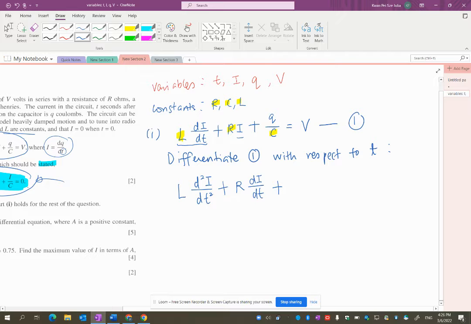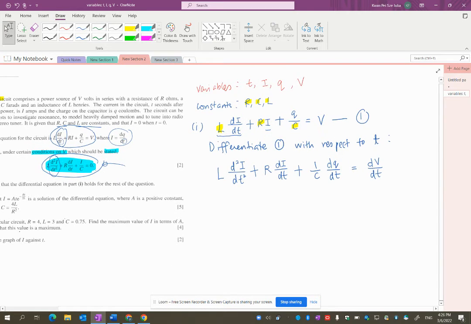And the third term here, Q is the variable. C is a constant also. So you can see it as like 1 over C times Q. So to differentiate 1 over C times Q is just 1 over C differentiate Q, because C is a constant. So it's dQ dt. And V is a variable, so we differentiate, becomes dV dt. All right.